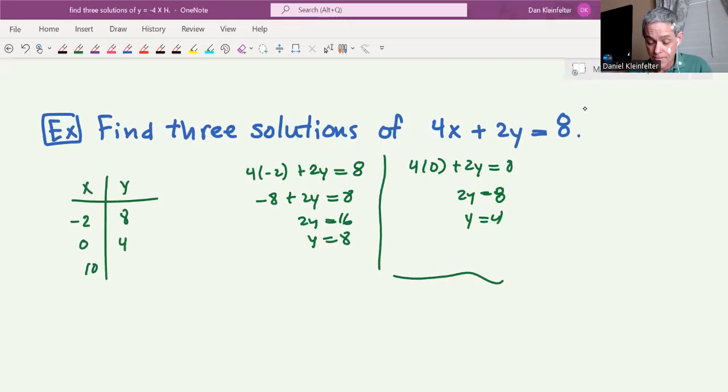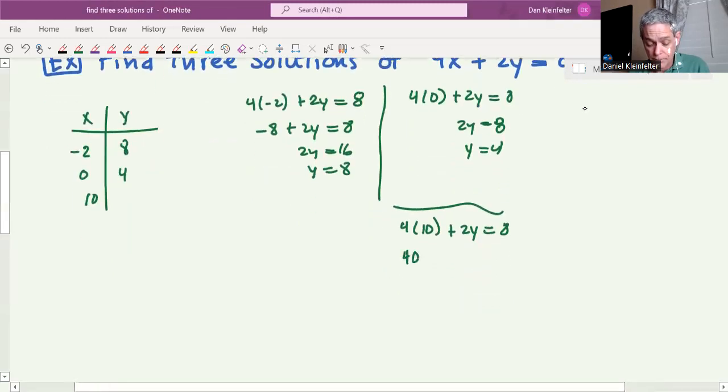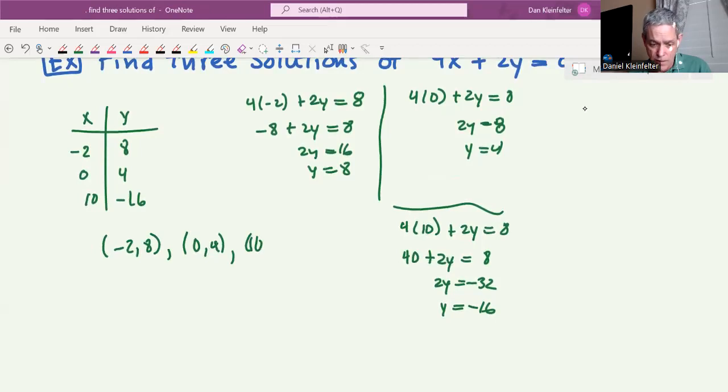And then for 10, let's see what we get. All right, looks like negative 16 for y. So the solutions I have are negative 2, 8, 0, 4, and 10, negative 16.